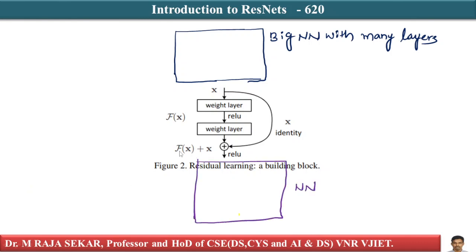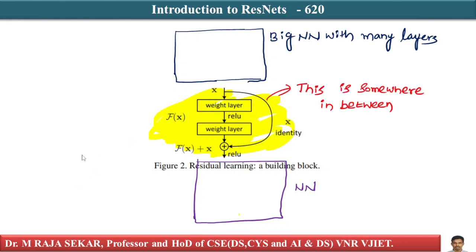Here we are assuming that before this block we have a neural network, and even after this block, let's assume I have a neural network. What is this? This is this particular residual block, somewhere in between amongst all your layers. Let's assume your input is here.